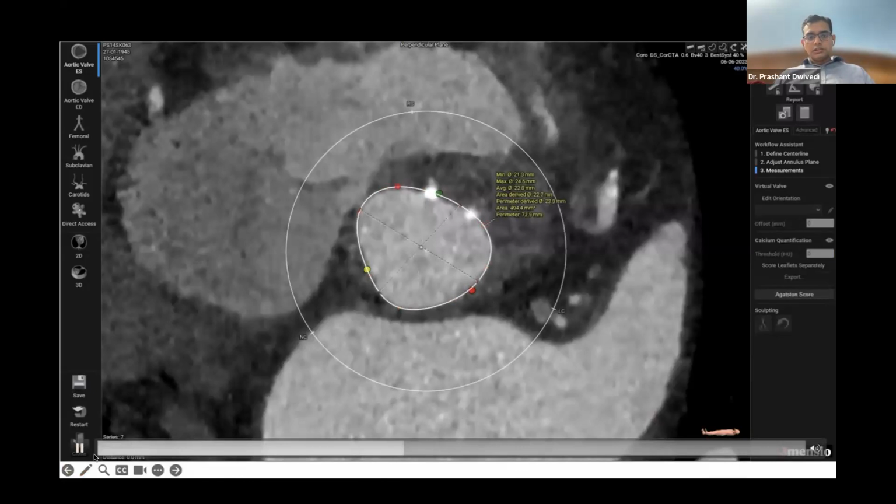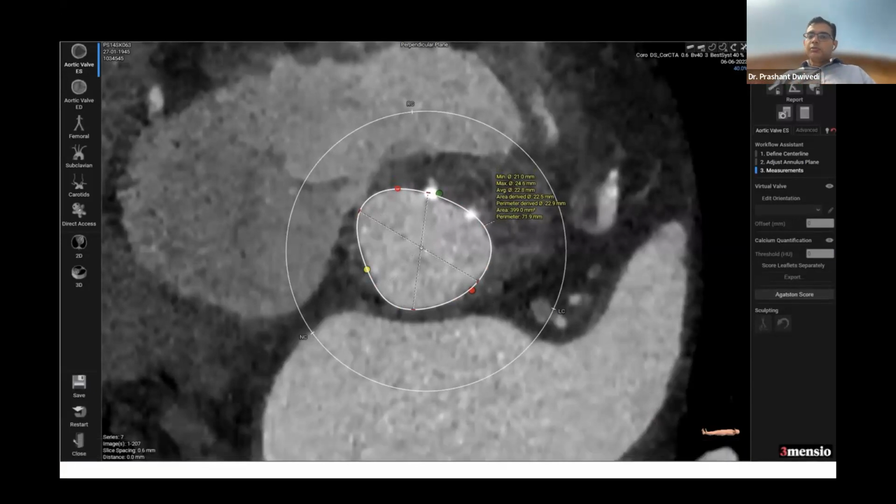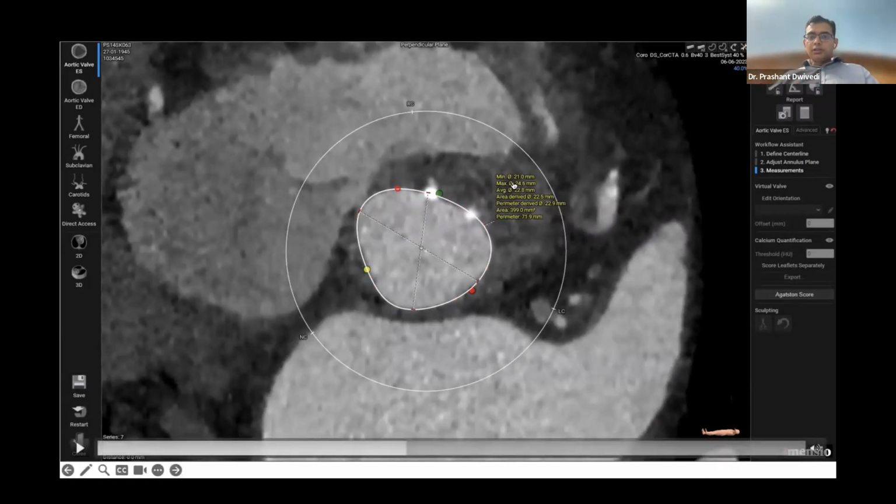You can see here we can get the minimum dimension, maximum dimension, average, area derived diameter, perimeter derived diameter, area, and the perimeter. Why are all these measurements very important? The minimum diameter decides what size of balloon we will use for balloon aortic valvuloplasty. The average dimension will decide the post dilatation balloon sizing.